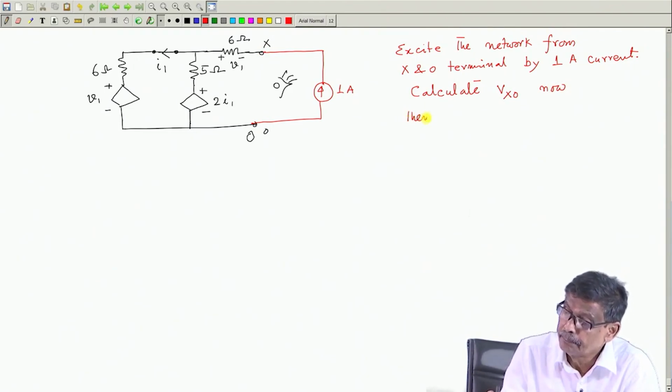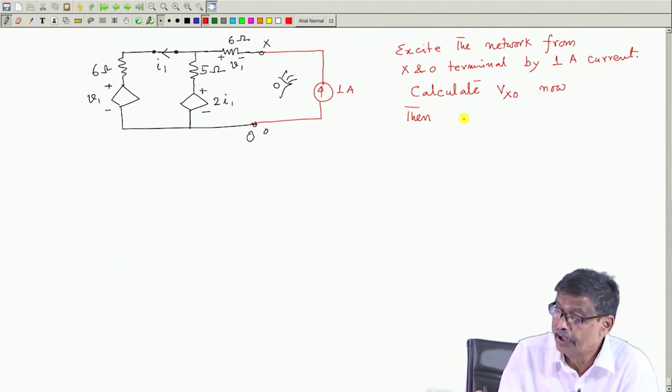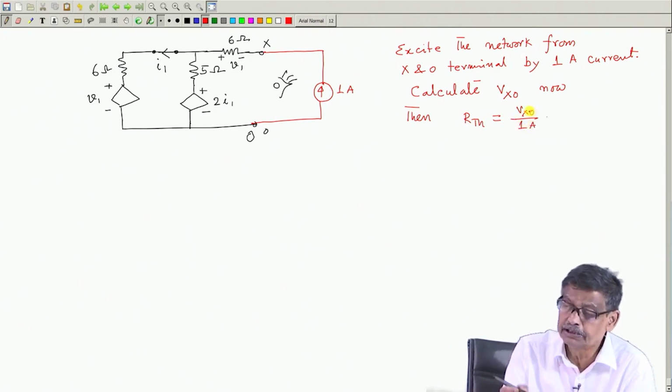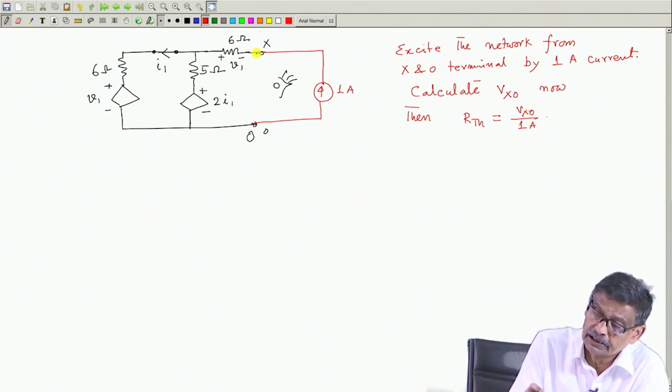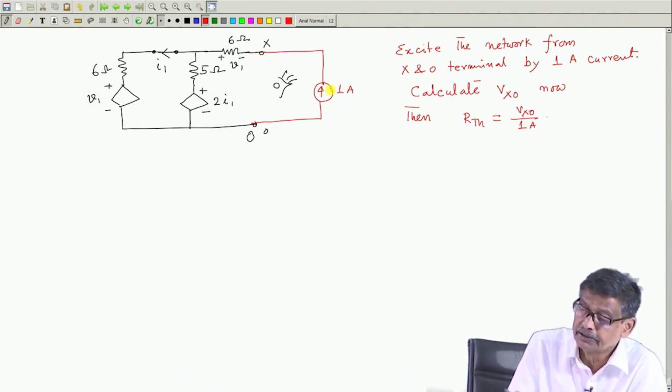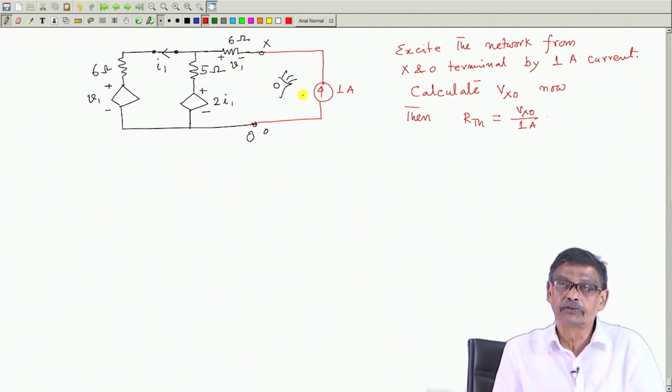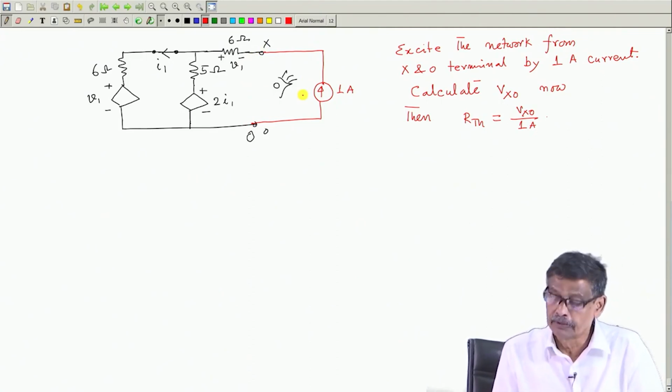Then if I know Vxo, I will say R Thevenin will be Vxo divided by this 1 ampere, voltage by current. This is the voltage applied to the network, whatever you get, because across the current source the voltage is not known, you have to calculate the other way round.